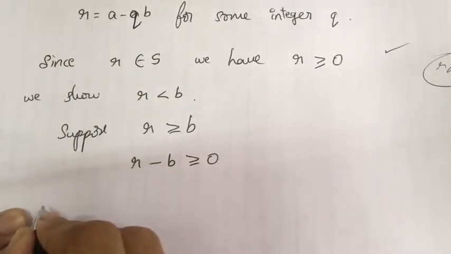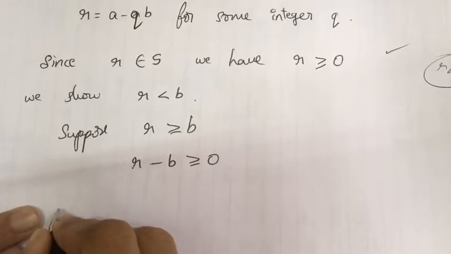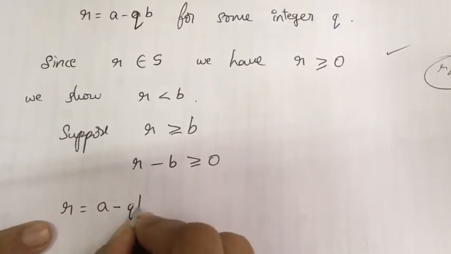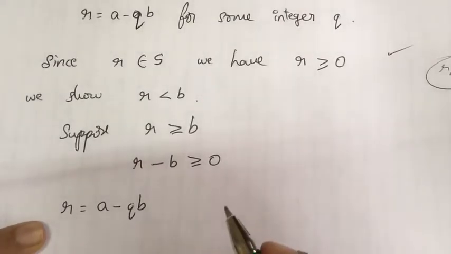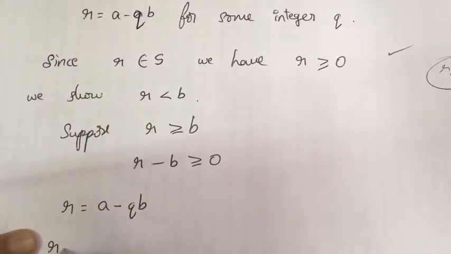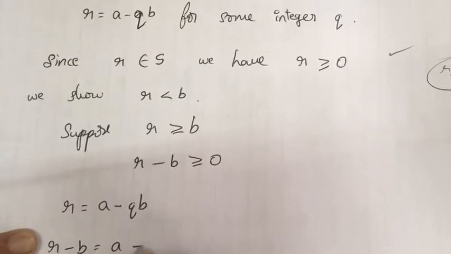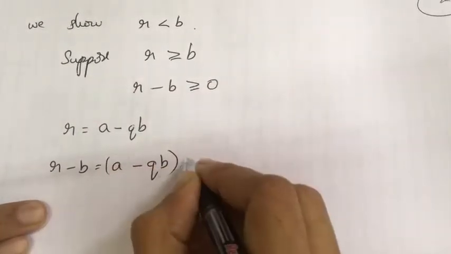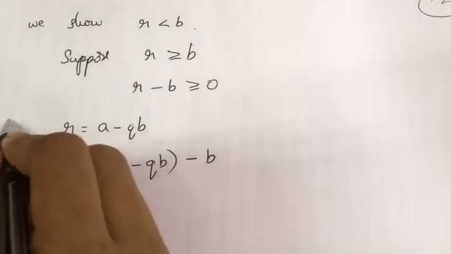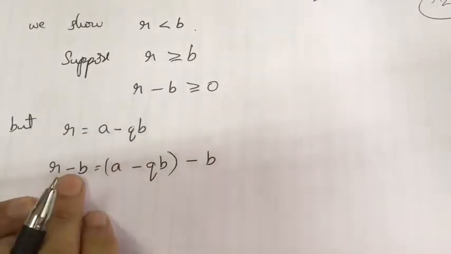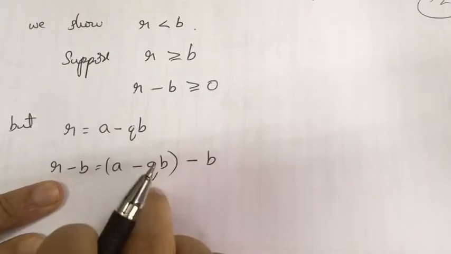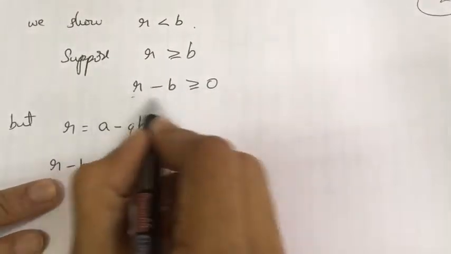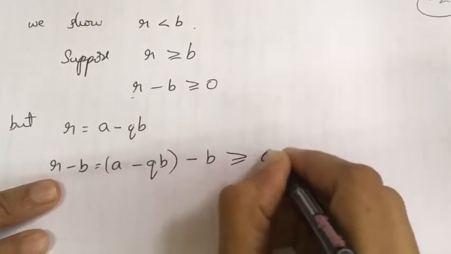But we know that R equals A minus QB, right? So R minus B will be A minus QB minus B. It is mentioned R minus B is greater than or equal to 0.